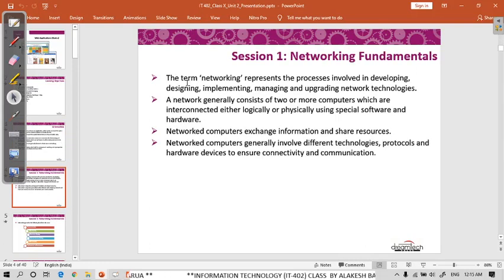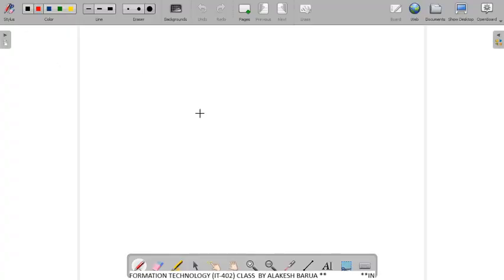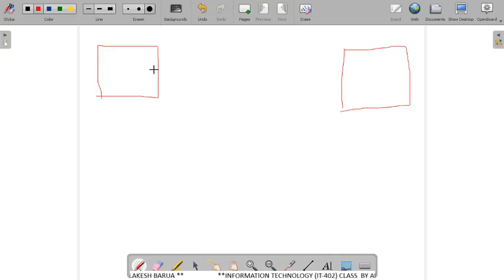Now if you ask any person what a network is, then they may give you lots of other definitions, but basically what a network is, if there are two devices, and they are connected through any medium. Let's say this is device 1 and this is device 2. If these two devices are connected by any medium so that these devices can exchange data and information amongst each other, then these two devices are said to be in a network.